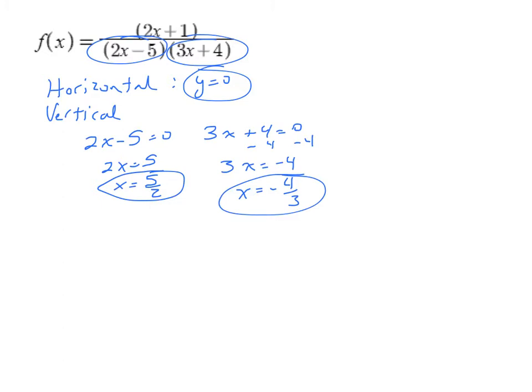So when I'm graphing this out, I've got a horizontal asymptote at the line y equals 0. I've got a vertical asymptote at around 2.5.